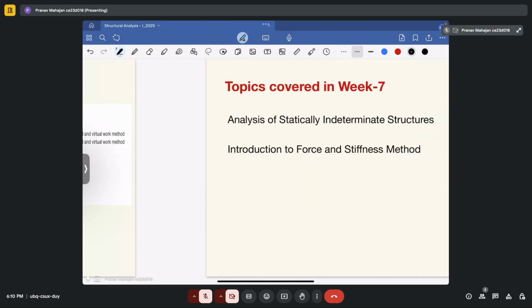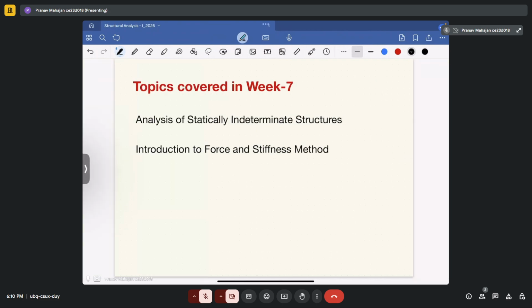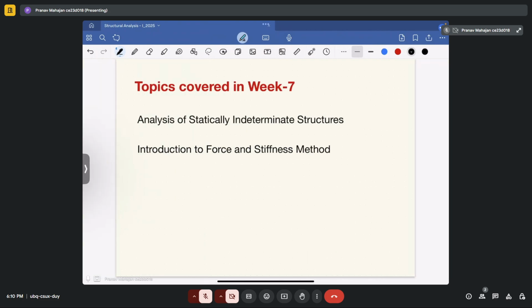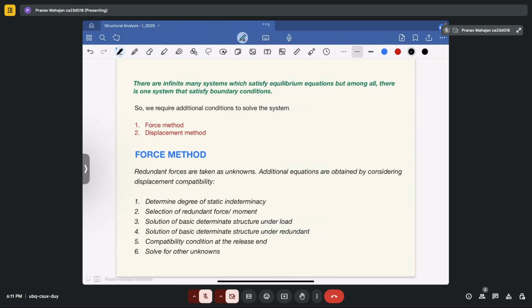Now, in this week, we will see how the force method and stiffness method are used to solve the problems related to indeterminate structures. So starting with the basics, we will see first what the force and stiffness methods are.